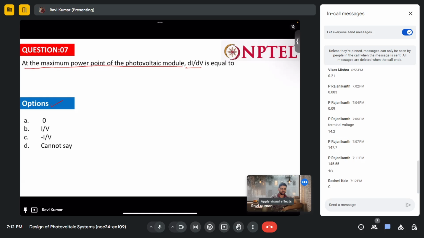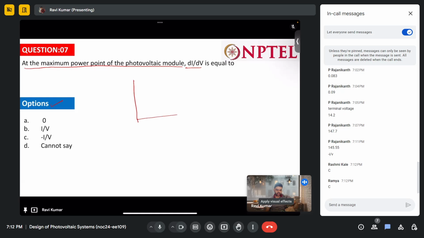Rajnikant said minus 1 by V, it means C. Rashmi also said C. So yes, you are right.